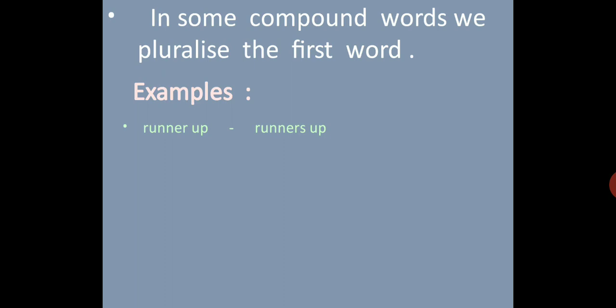We pick out runner, make it in a plural form and write it with up. So it will be runners-up. Next, passer-by, passers-by. So we pick out passer, make it plural and by remains the same. So it will be passers-by.